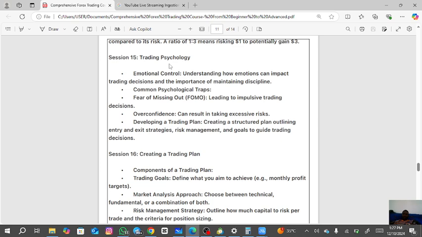The psychology part is the most difficult part, which even professional traders, some are still having to face, still trying to master this part, right? Even me myself.